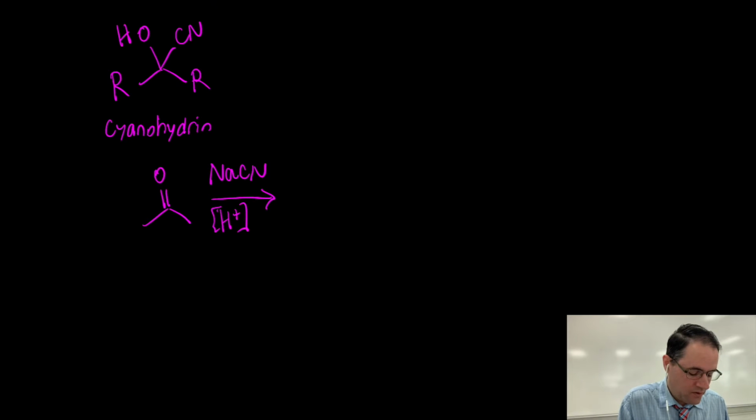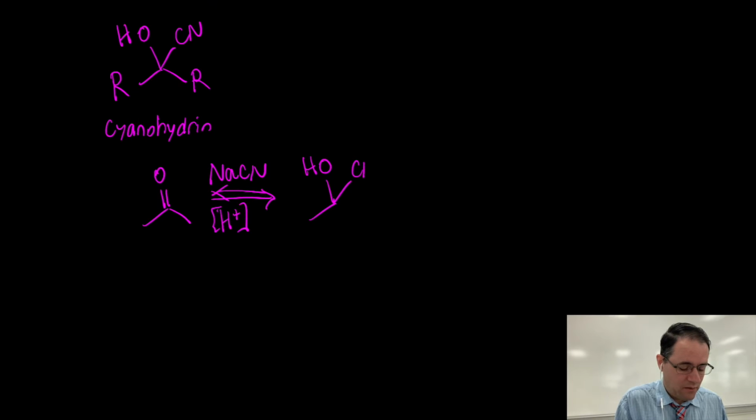So the textbook uses those little brackets, a drop of acetic acid, for example. Now, normally you don't want to react cyanide with strong acids because that's going to form cyanide gas, which is very toxic. They use that in the gas chamber in some states. So sodium cyanide in the presence of small amounts of H plus is going to give you a cyanohydrin.